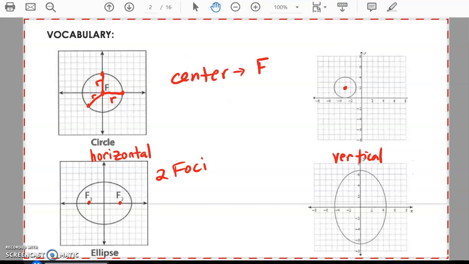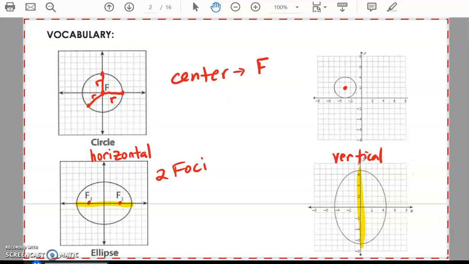For the ellipse, it doesn't have a radius, but it does have dimensions. It has a dimension going horizontal, or a dimension going vertical.